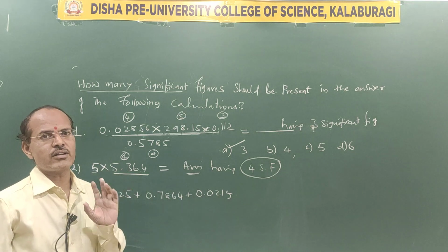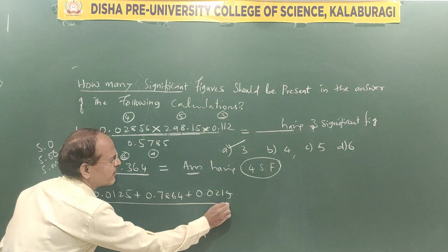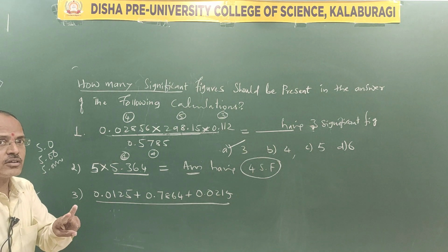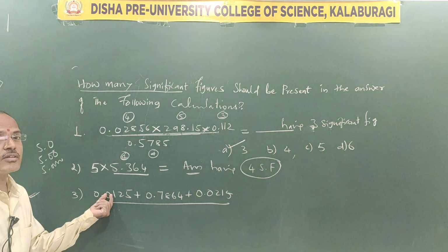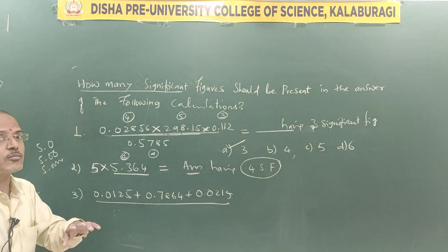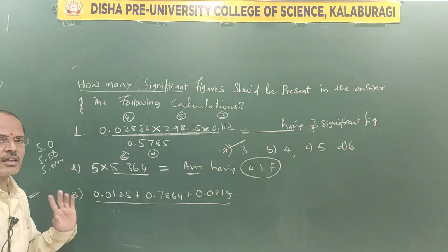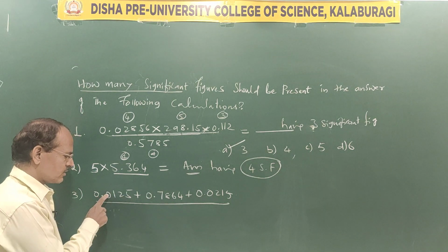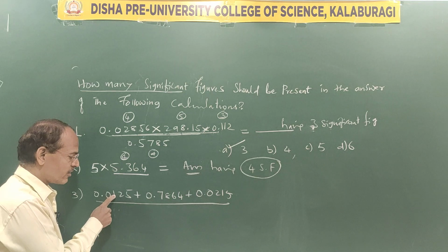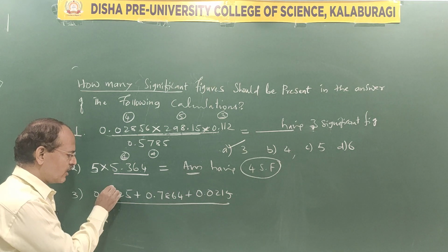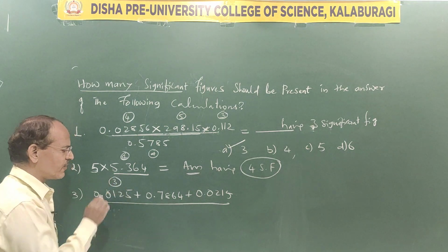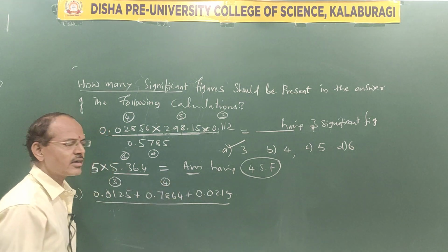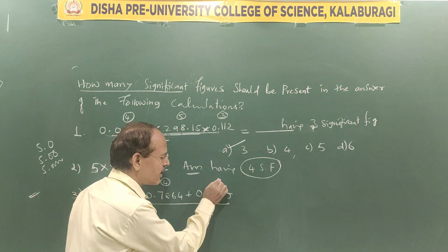In multiplication and division, select the number which contains the least number of significant figures. Here it is purely addition, and in case of addition and subtraction, find out the number of significant figures after the decimal. The one which contains the least will be taken for the answer. So here 1, 2, 3, 4. This 0 is before the non-zero, so it is non-significant. So there are only 3 significant figures. In this 1, 2, 3, 4 significant figures. Here also again 3 significant figures.